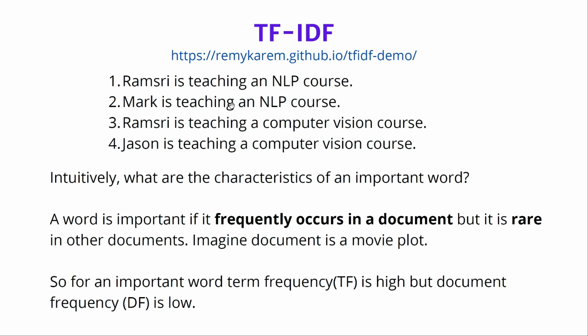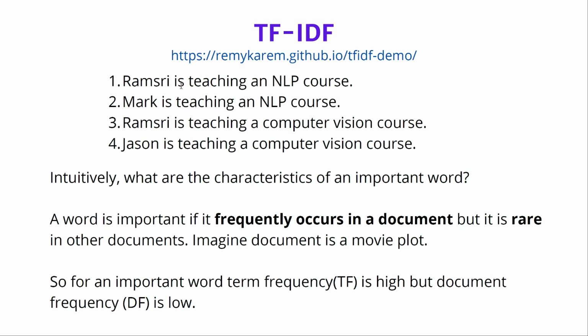That means, let's say in this sentence, if Ramsri comes multiple times but it doesn't come in any other sentences, then we know that Ramsri is an important word for this sentence. Why it should be rare across documents is that even simple words like and, or, is, all these things occur quite a lot of times in a given document or sentence. So the term frequency is high even for words like stop words. Now the only way to filter stop words from keywords is if you take the document frequency as well.